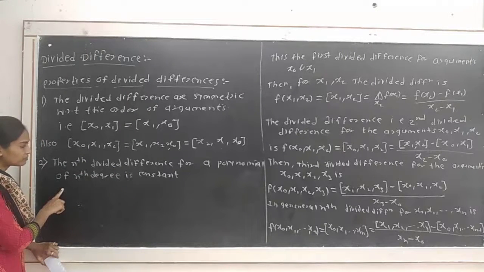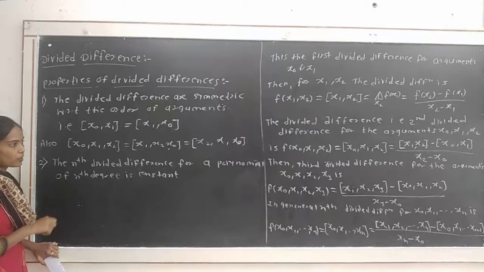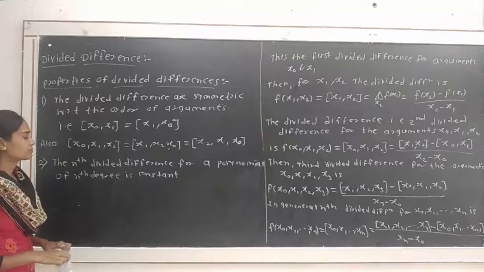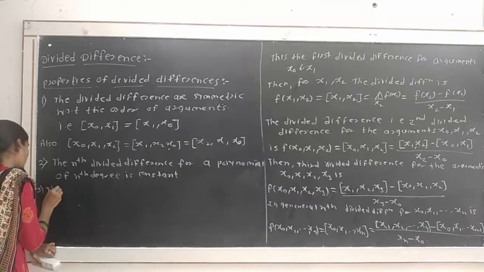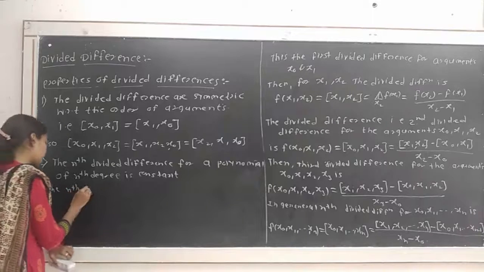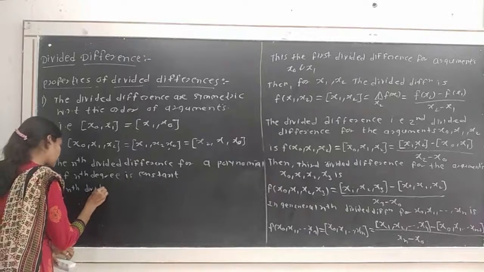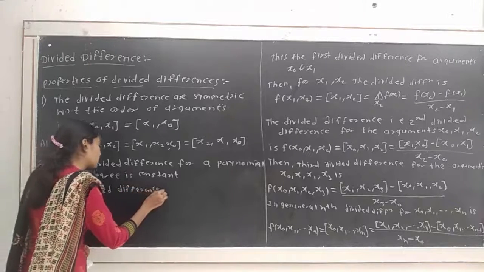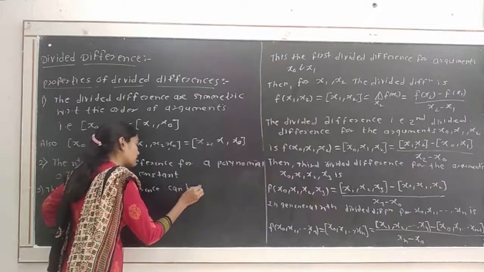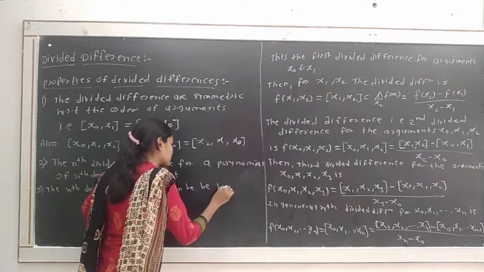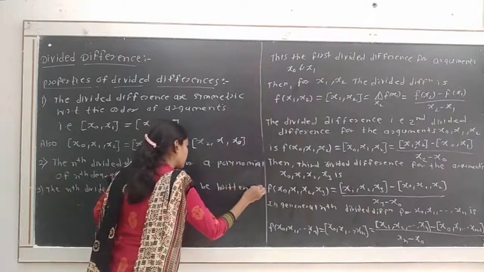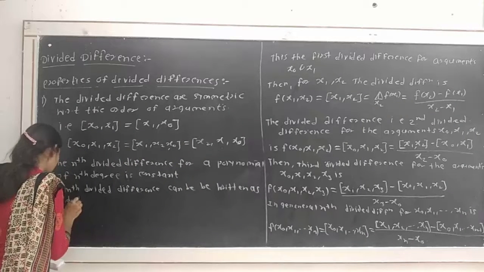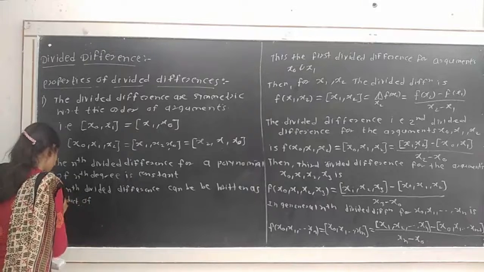That is, if we take f of x to be a polynomial function, then the nth divided difference for that polynomial can be written as a product.